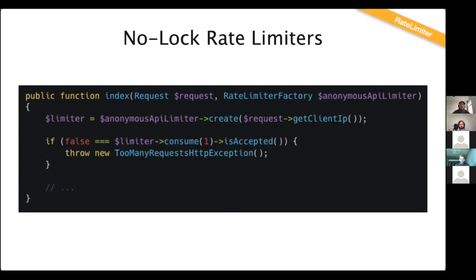And so Symfony 5.3 allows you to not use a lock, first of all, and second of all, makes that actually the default option. So that, if all this time you've relied on just the default lock being used, and you really need a lock for some reason, for legal reasons maybe, then be sure to specify the lock using the lock factory option that we have in the configuration.